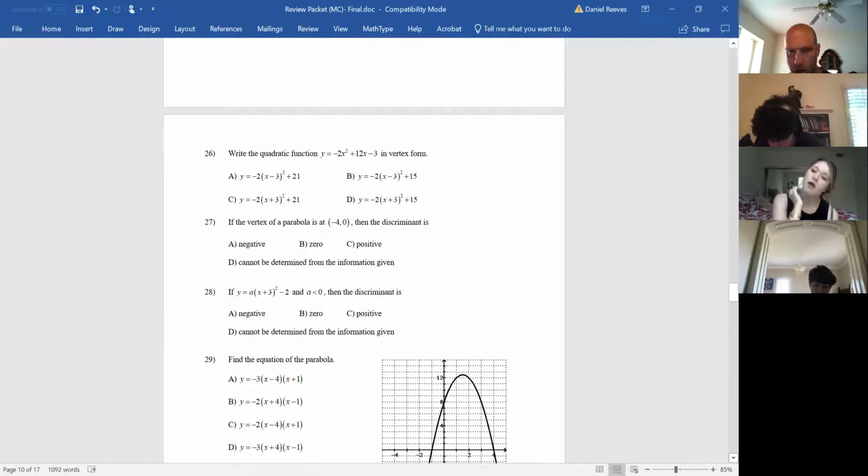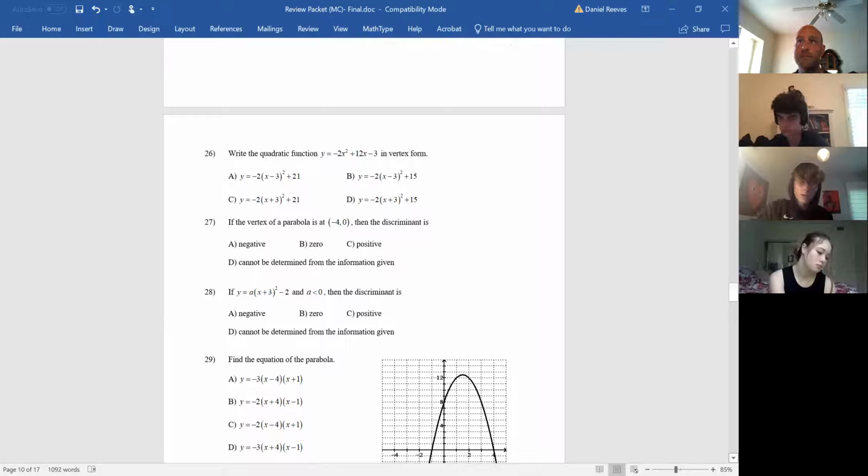Right. Mr. Reeves, I have a quick question. Is the final going to be weighted the same as it normally would, or is it like a unit test? I haven't really made that decision. The fact of the matter is it probably doesn't matter. Generally speaking, the final is usually worth 15% of your grade, which seems like an awful lot and rarely does anything.